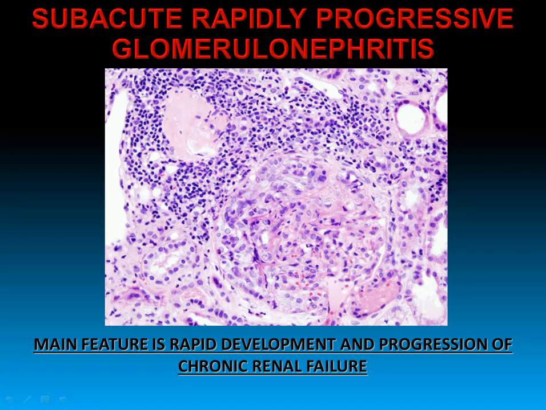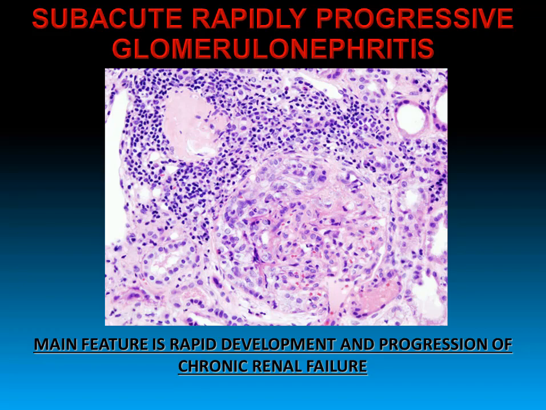The next type of glomerulonephritis is rapidly progressive glomerulonephritis, subacute, or glomerulonephritis with crescents. The main feature of this glomerulonephritis is formation of cellular and fibrous crescents in the majority of glomeruli.